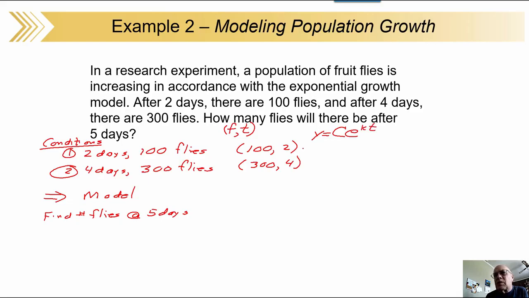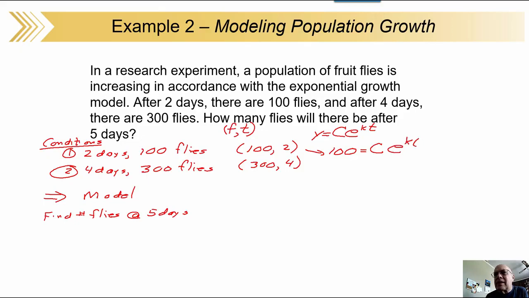So what does this first one mean? Well, this is the number of flies. That's going to be the y. So for the first condition, we've got 100 equals. We still don't know what C is. Doggone. And we don't know what k is. That's the other thing we need to find.